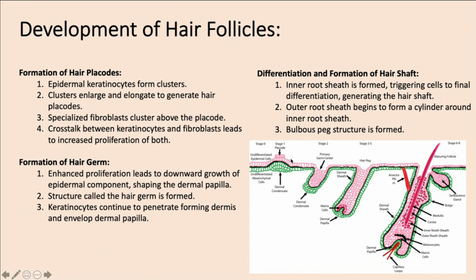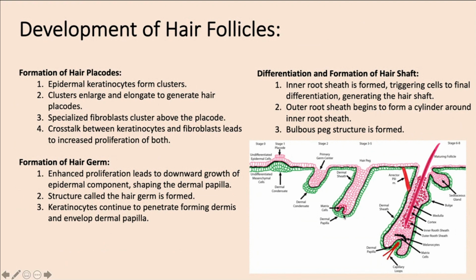So the cells are going to multiply, multiply, multiply. They're going to make a primary germ center, as you can see here, as they're going downwards. And they continue to go downwards until they form this matrix of cells right here.